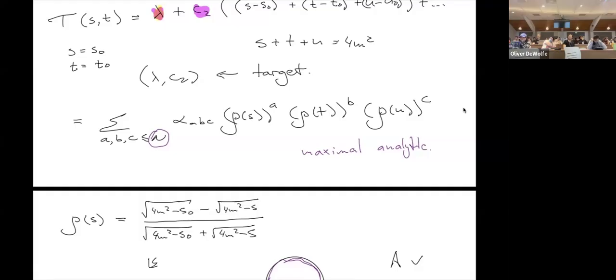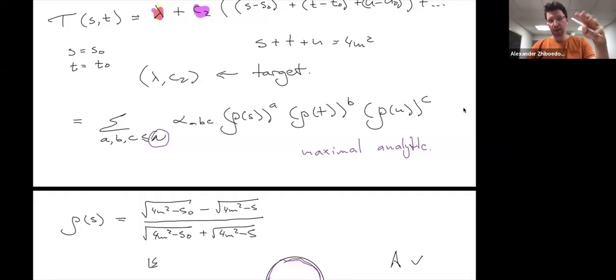I think that you can also modify the ansatz, make it more flexible. And it seems like for some questions, in particular for low energy physics, you can make it flexible enough that it can approximate the amplitude in the physical region relatively well.